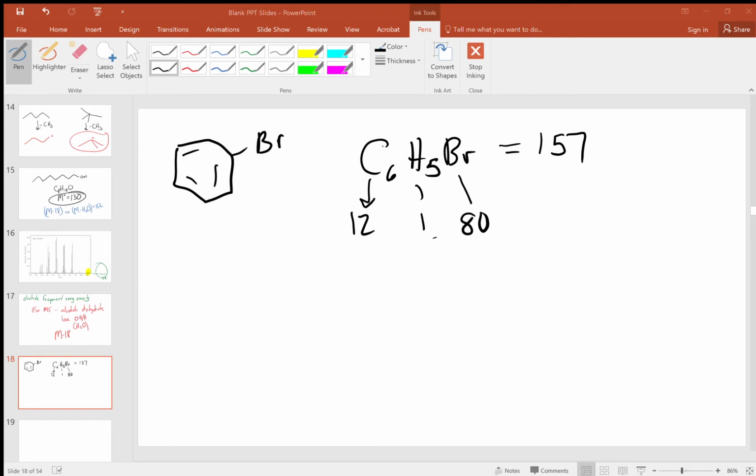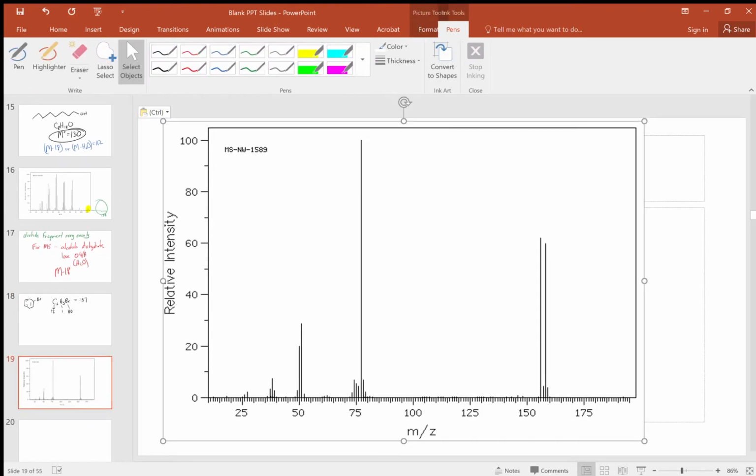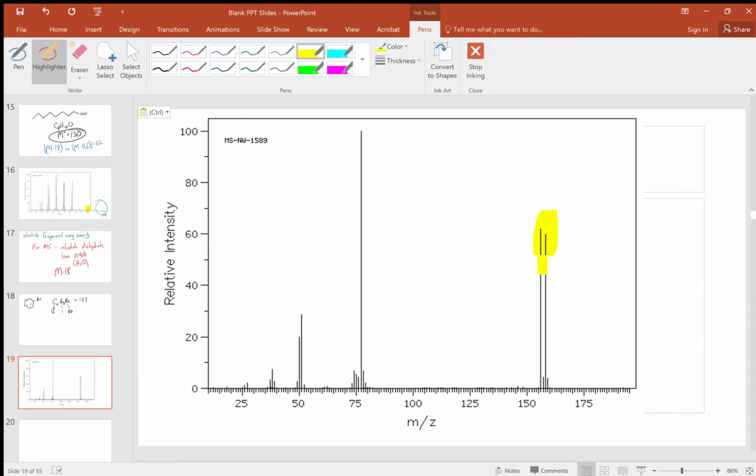So let's look at the spectrum. Now what you may notice, and should notice, as you look carefully at those peaks, is we have a prominent peak here at 156 and a prominent peak at 158.